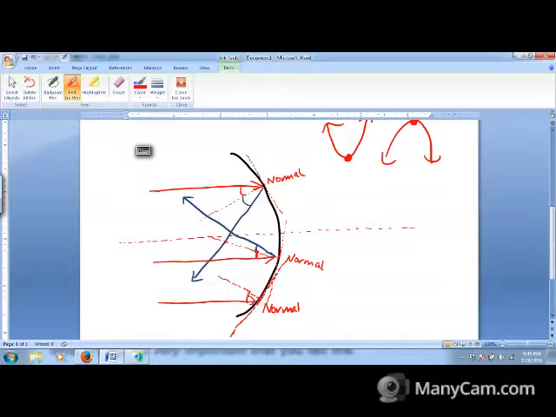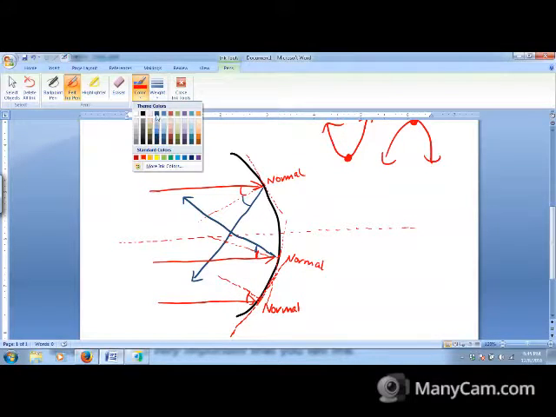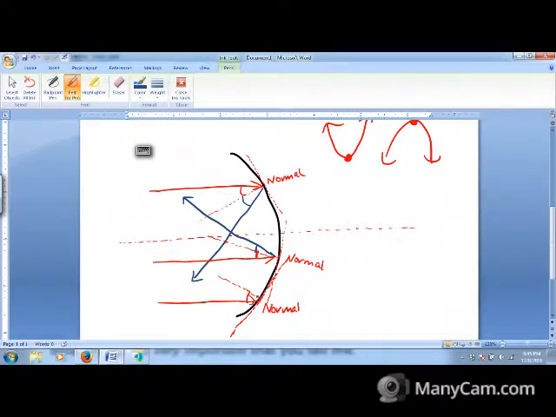And then we've just created our angle of incidence, and we are going to make that equal to the angle of reflection. And if you notice, all of these rays that I've drawn right here are parallel. They are never going to touch if they keep going. If this mirror were not there, these rays of light would keep on going forever without intersecting.